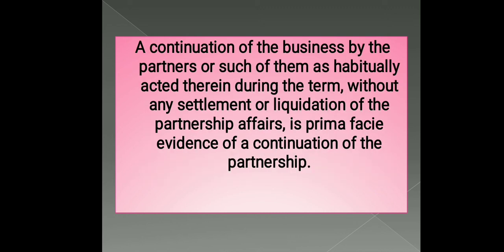A continuation of the business by the partners or such of them as habitually acted therein during the term, without any settlement or liquidation of the partnership affairs, is prima facie evidence of a continuation of the partnership.